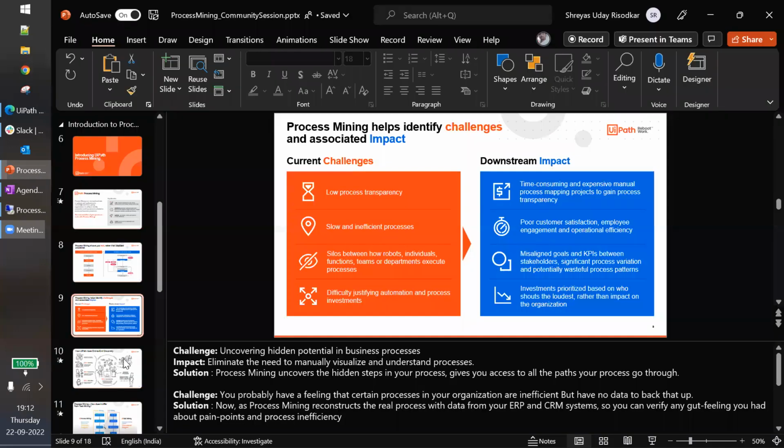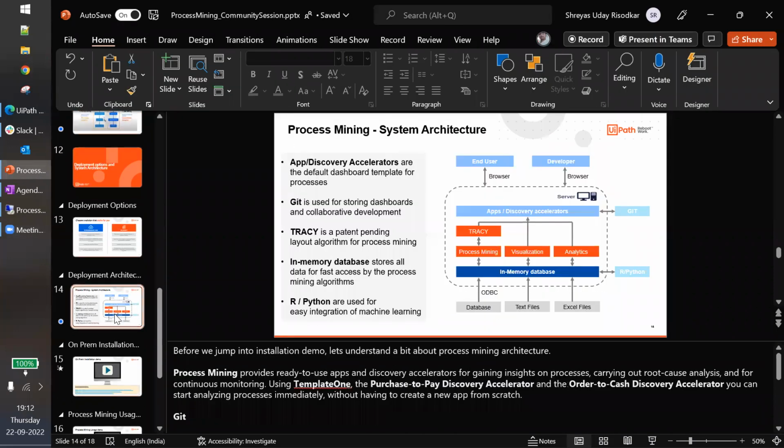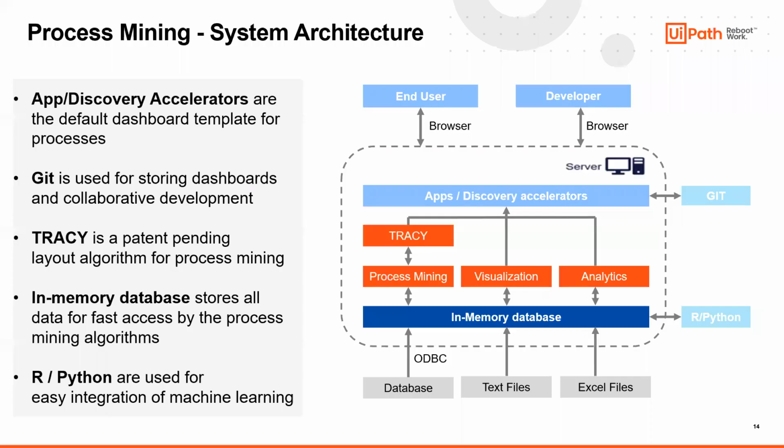Welcome. Hey Magesh, in that architecture diagram you showed, in the first layer I think you showed us some apps, right? And in the second layer, end user and developer. So here developer means the UiPath developer, or?